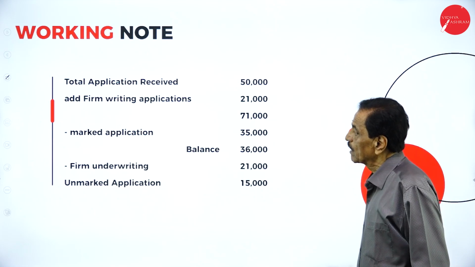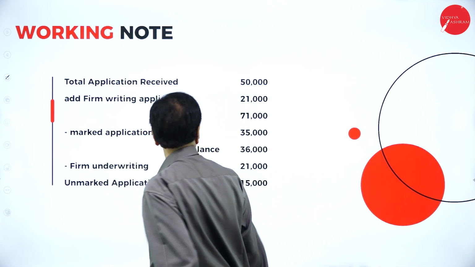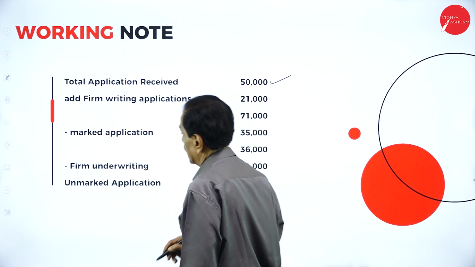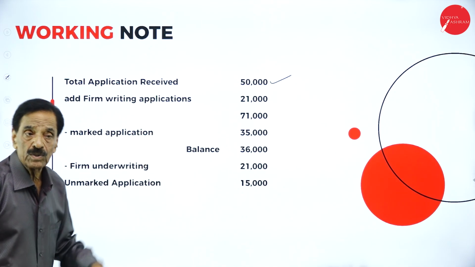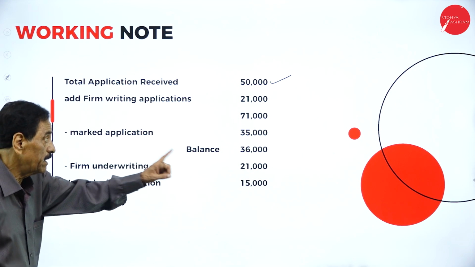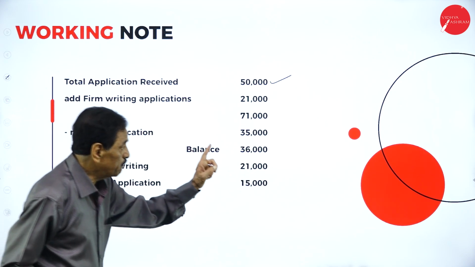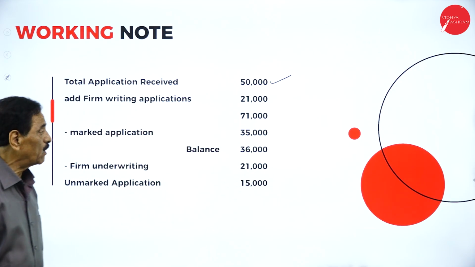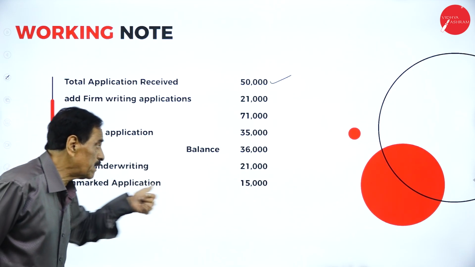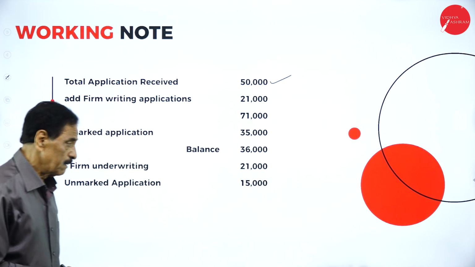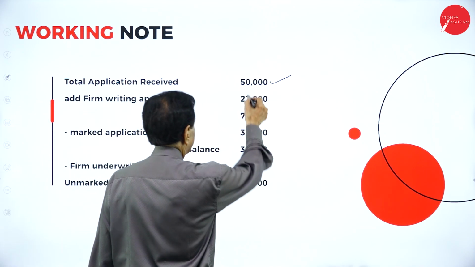Working note. Total applications received 50,000. Add firm underwriting 21,000. Totally it becomes 71,000. Out of that, marked applications are 35,000. Balance is 36,000. Minus firm underwriting 21,000. Balance is 15,000.